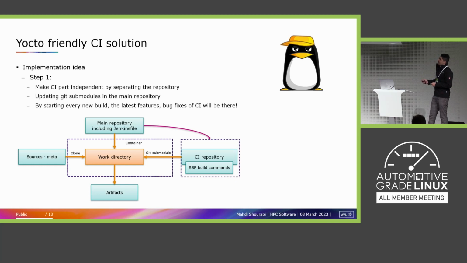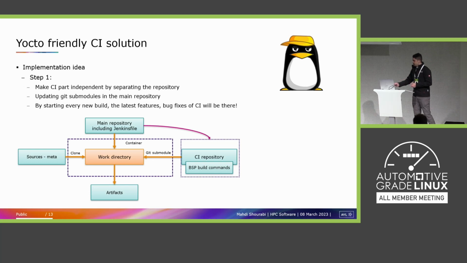After firing up a new build, we use Git submodules to load this CI repository inside the work directory. Still, our BSP build commands are here. So again, we continue to build what we want, and then we save the artifacts that we need in our artifact repository.